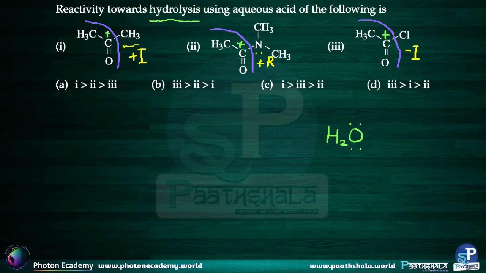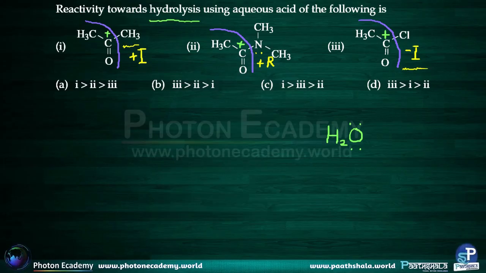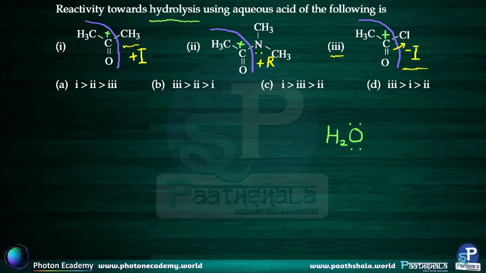But in I minus, the electrons from the carbonyl carbon region are going to move towards the chlorine atom, and thus the carbonyl carbon atom in the third organic compound is going to be the most positive, the most electrophilic in nature. It is going to attract water by a very large force, and thus reactivity will be very high. Thus, the third organic compound has the highest reactivity towards hydrolysis.